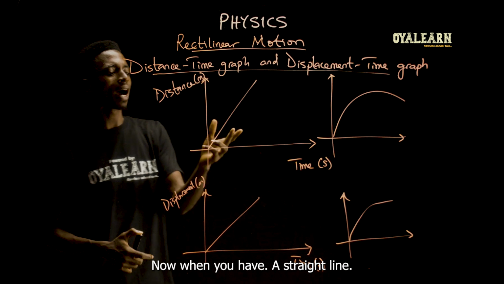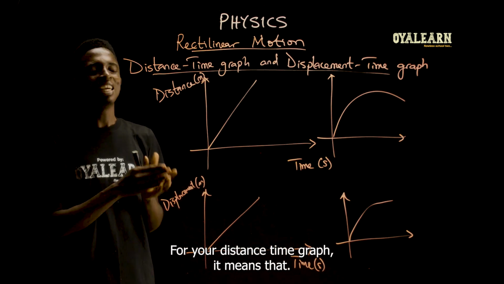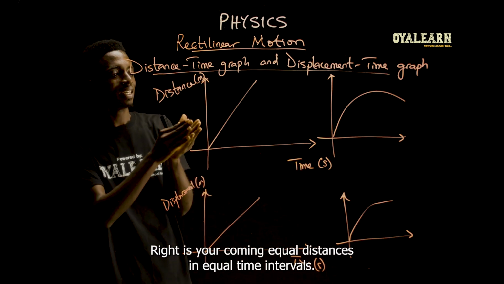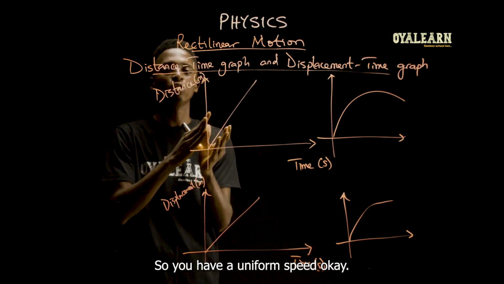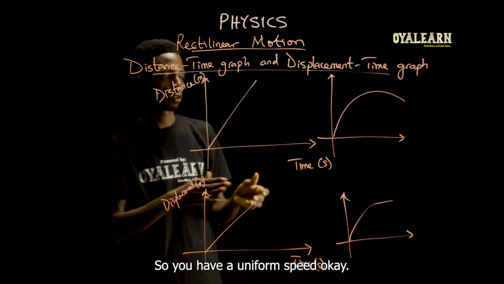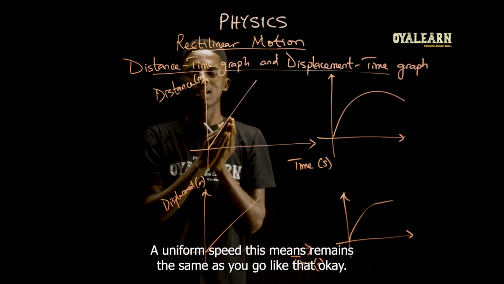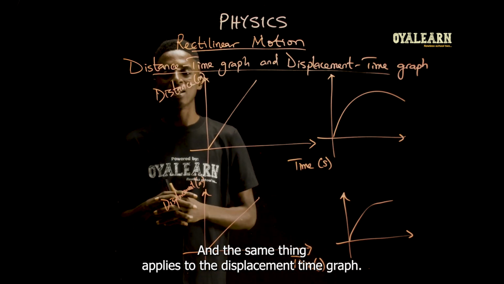When you have a straight line for your distance time graph, it means you're covering equal distances in equal time intervals, so you have a uniform speed. The speed remains the same as you go like that. And the same thing applies to the displacement time graph.